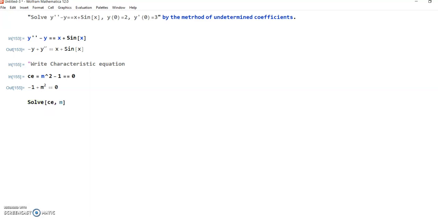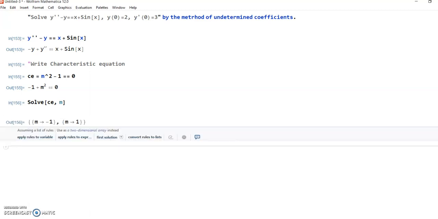So we will be using the Solve command for this characteristic equation and execute it. So m is equal to minus 1 and m is equal to 1 are the two solutions.